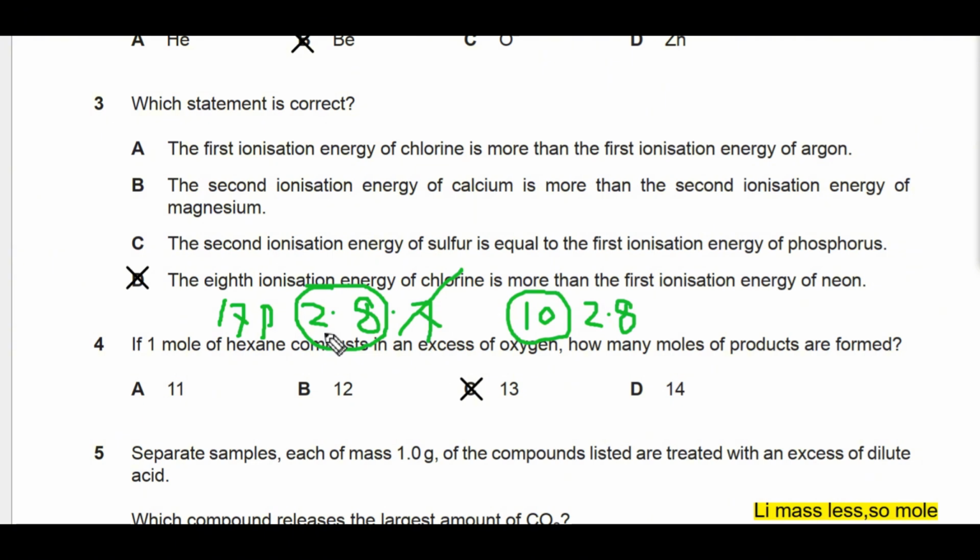So chlorine's 17 protons attract the 2 electron shells more strongly. That's why the 8th ionization energy of chlorine is more than the first ionization energy of neon. Because chlorine has 17 protons, nuclear charge is more, so chlorine attracts 10 electrons more strongly than neon.